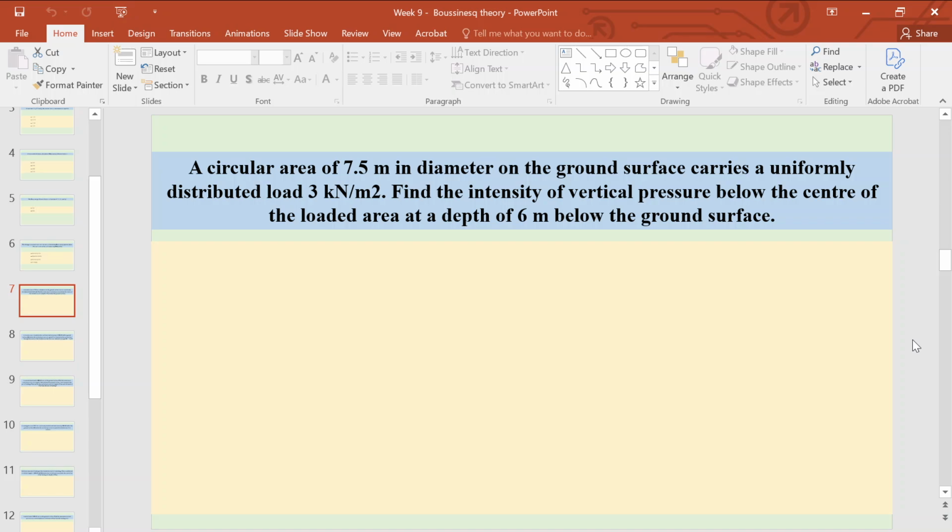A circular area of 7.5 meter in diameter on the ground surface carries a uniformly distributed load 3 kilonewton per meter square. Find the intensity of vertical pressure below the center of the loaded area at a depth of 6 meter below the ground surface.